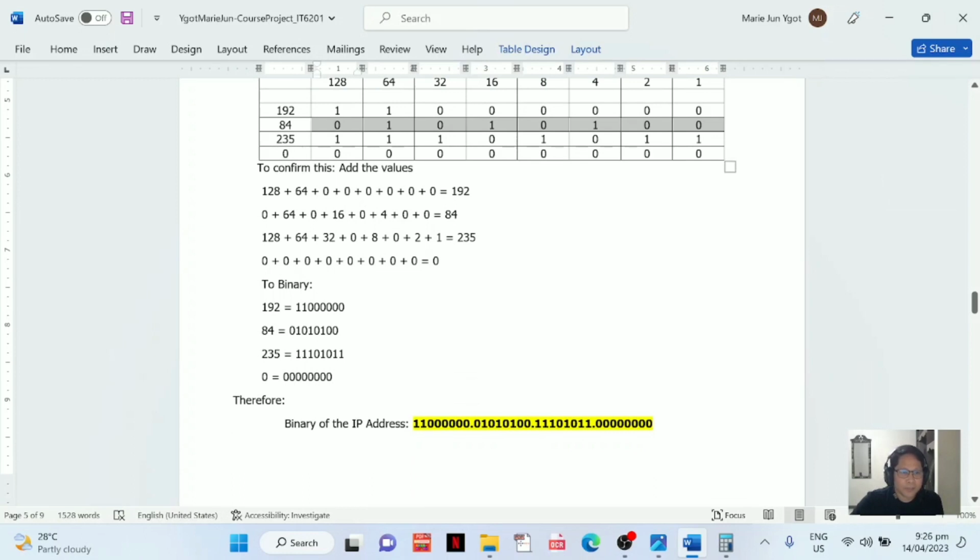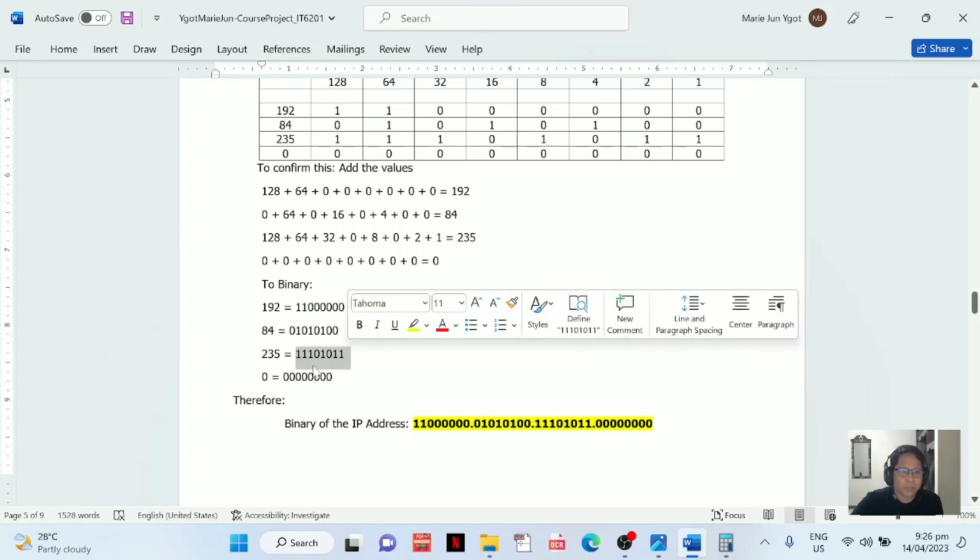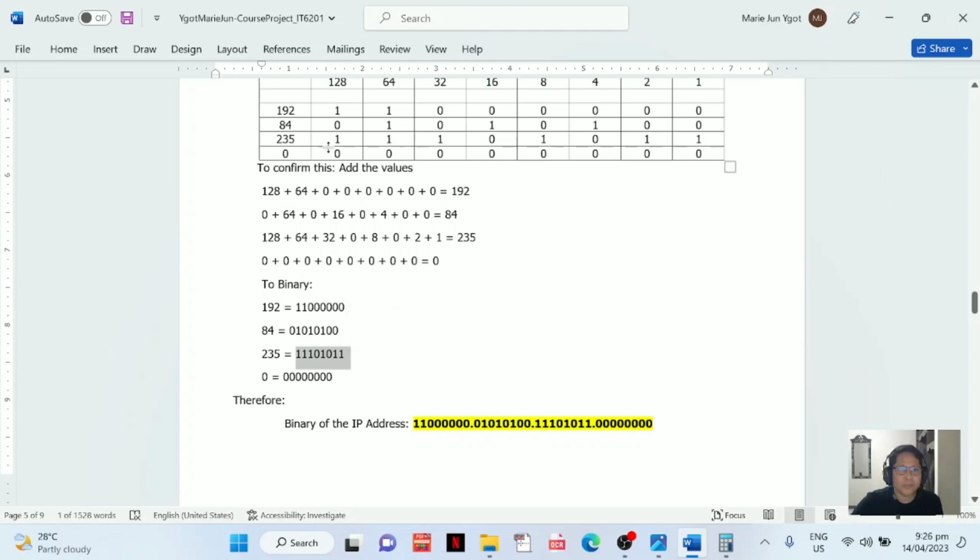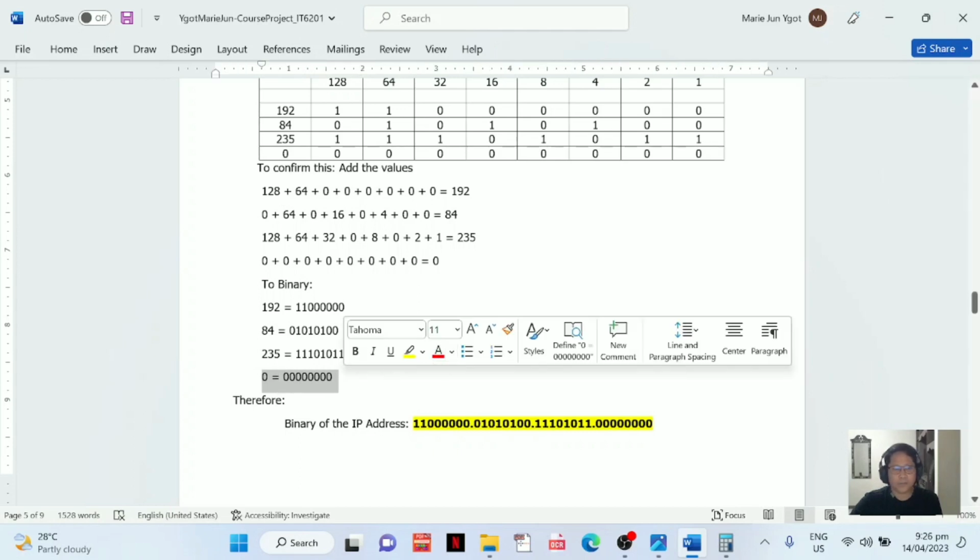So our third octet, we have 235. So its binary form is 1 1 1 0 1 0 1 1. So this one, 1 1 1 0 1 0 1 1. Okay, so our last is 8 zeros.